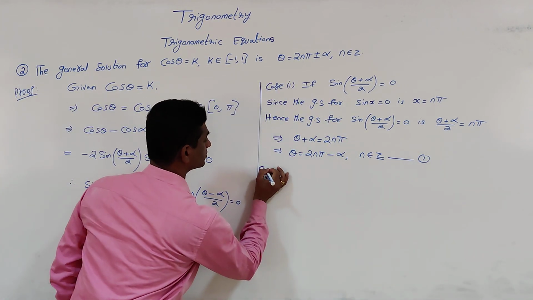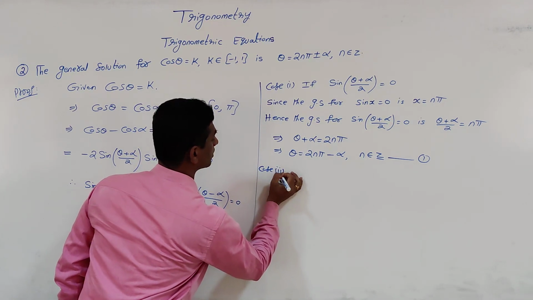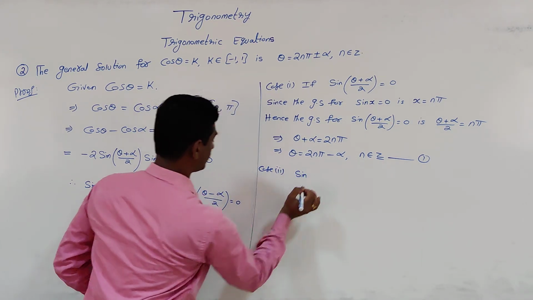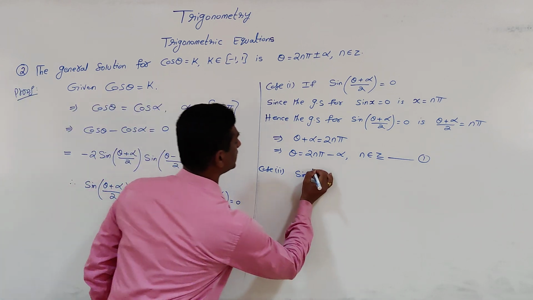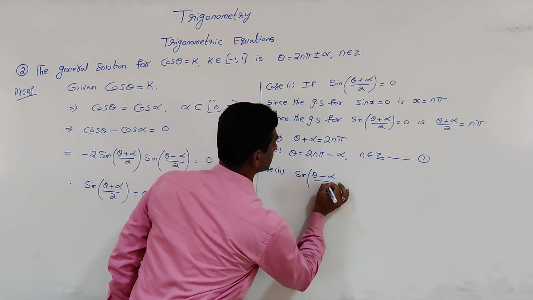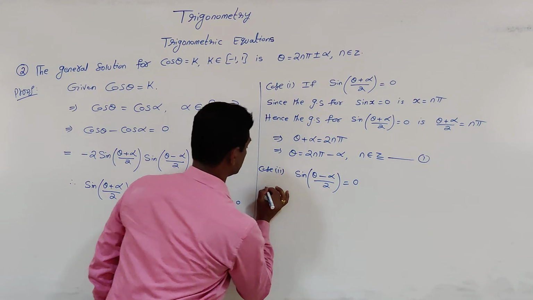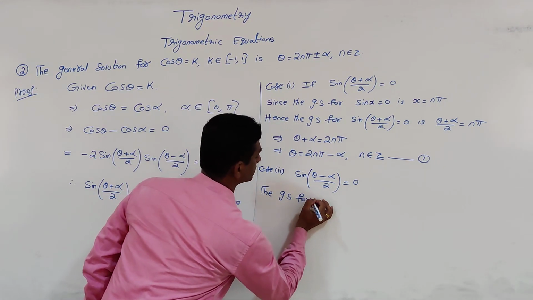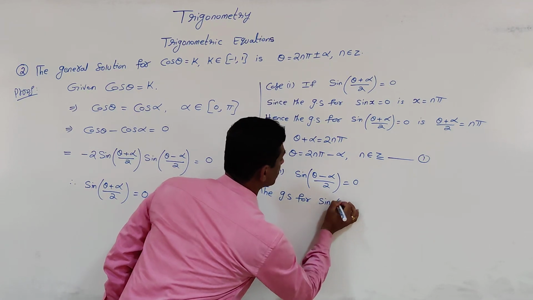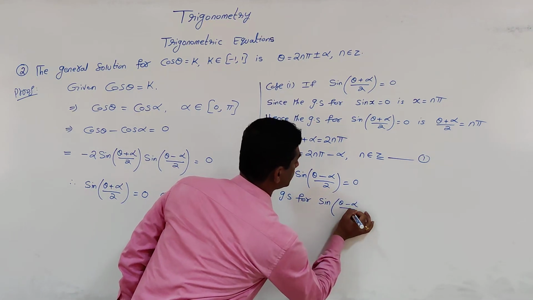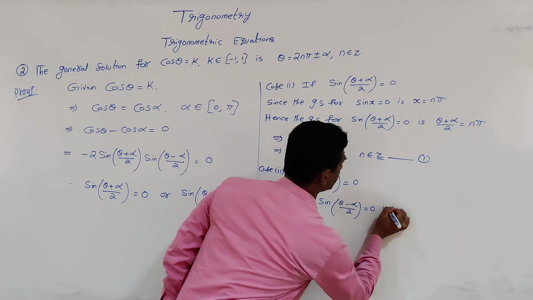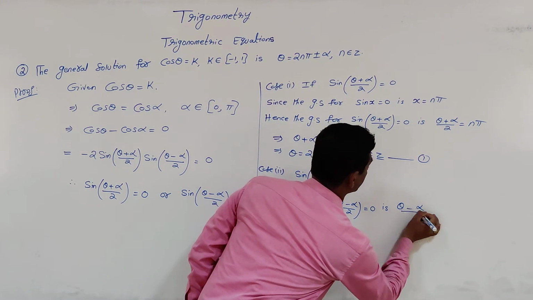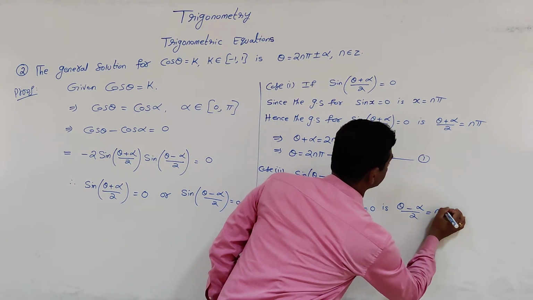Next, case 2. Sin of (theta minus alpha) by 2 is 0. The general solution for this is (theta minus alpha) by 2 is equal to n pi.